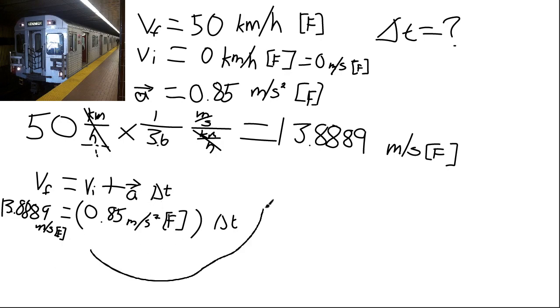So now we divide both sides by that. So it's 13.8889 meters per second divided by 0.85 meters per second squared forward equals delta t.